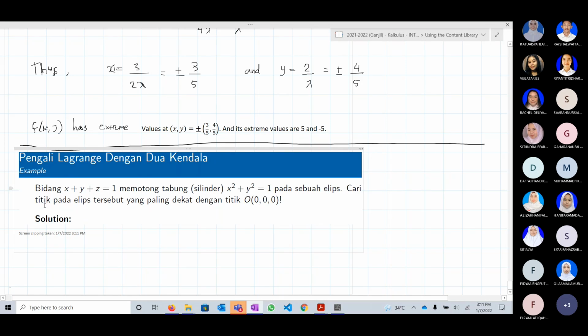Find the point on that ellipse that is closest to (0, 0, 0).